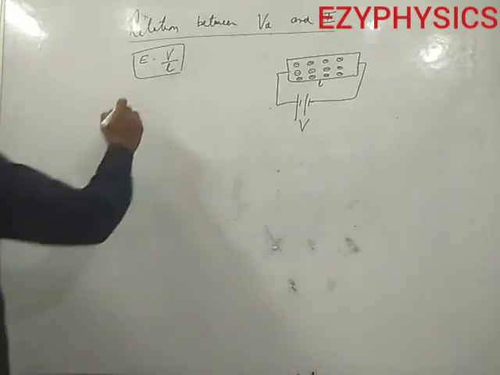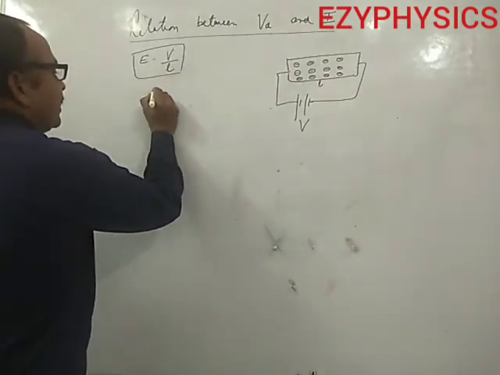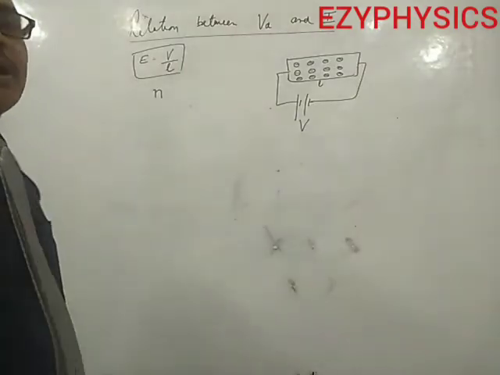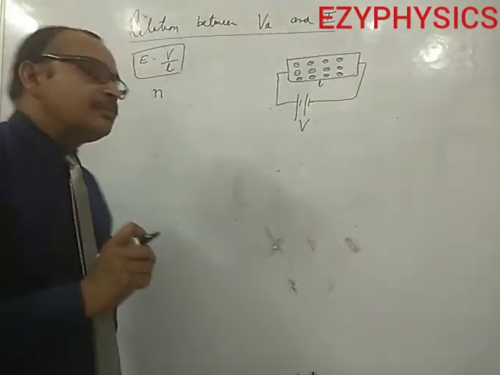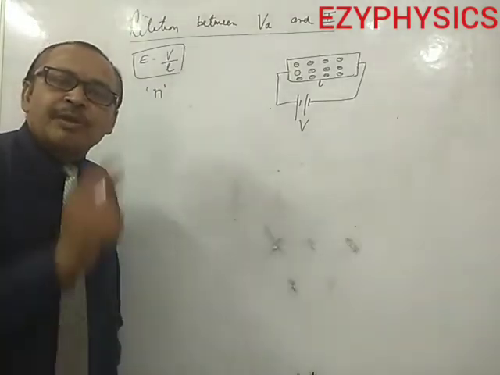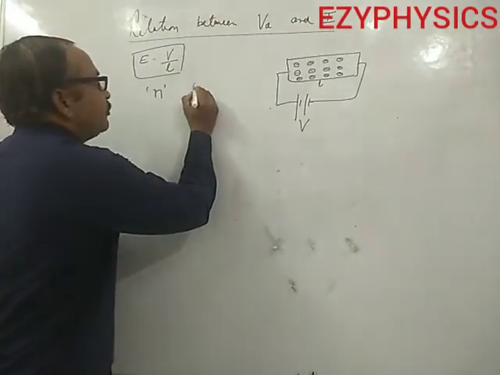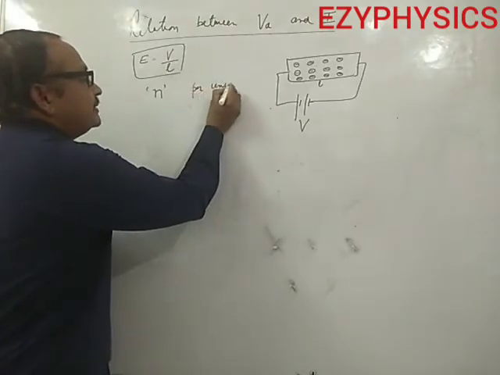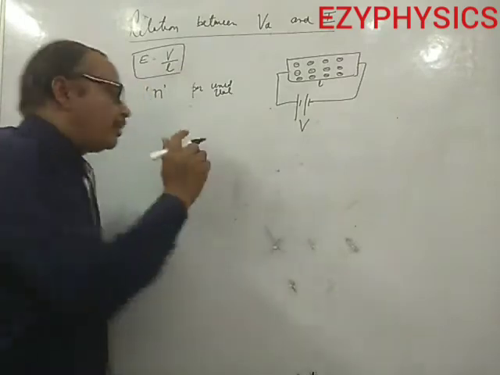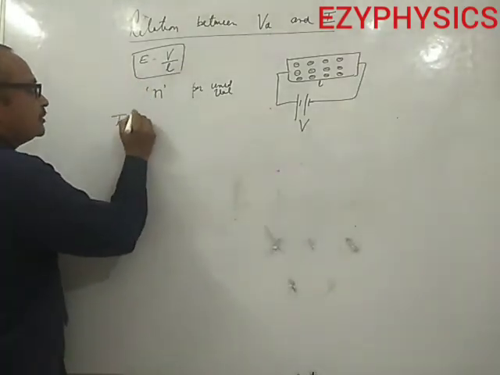Now suppose N is the number of electrons per unit volume. Then what will be the total number of electrons?